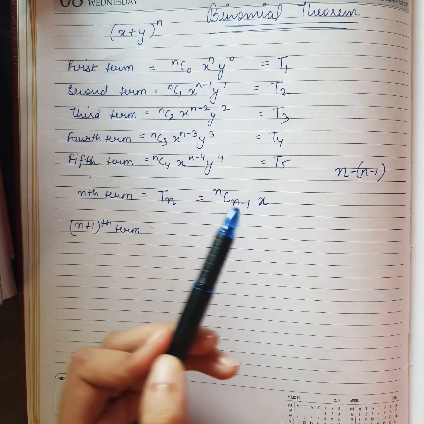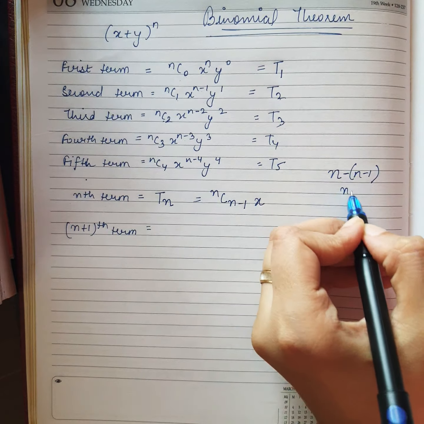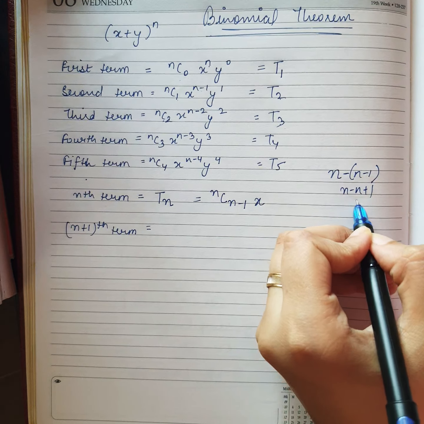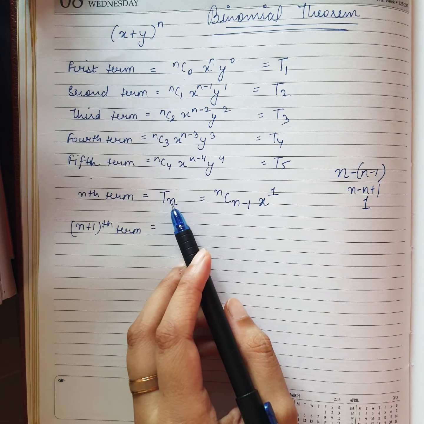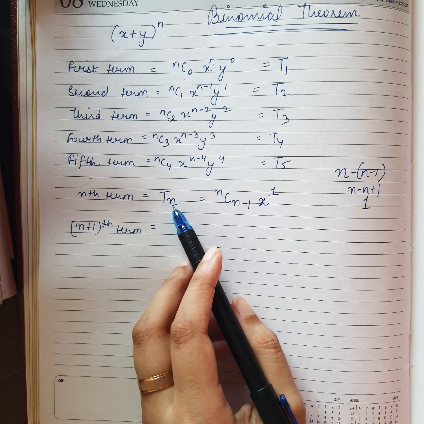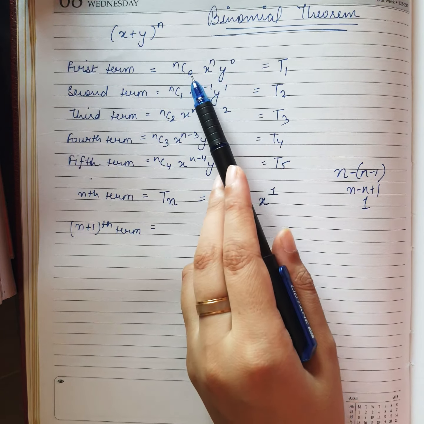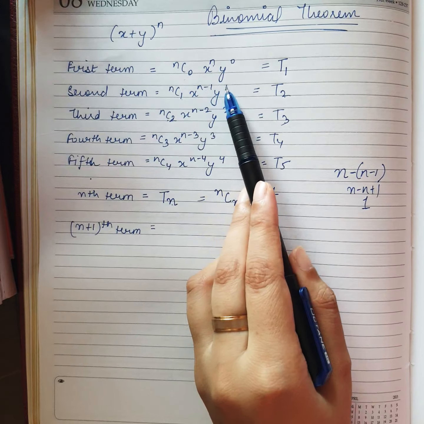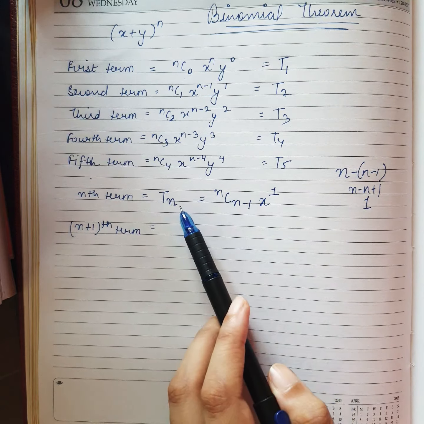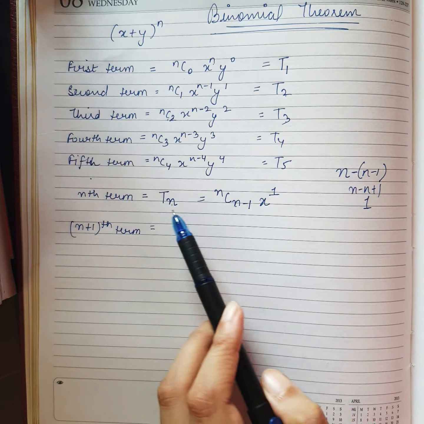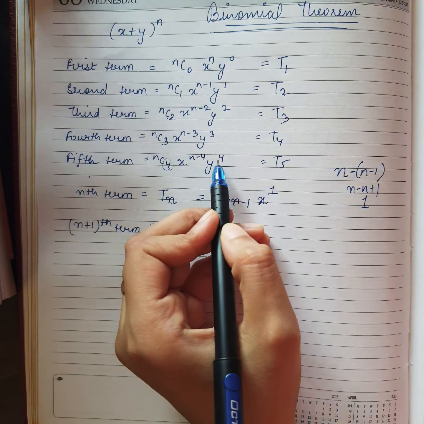So here n minus (n minus 1), this I will get 1 only. So x to the power 1 in the general term, the nth term. Same way, observe the power of the second factor y: 0, 1, 2, 3, 4. So this number should match, n minus 1.